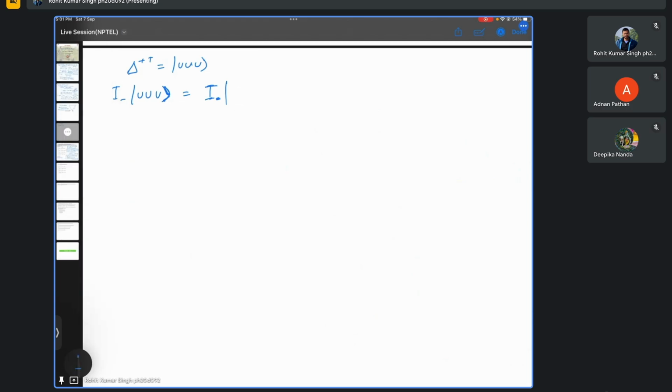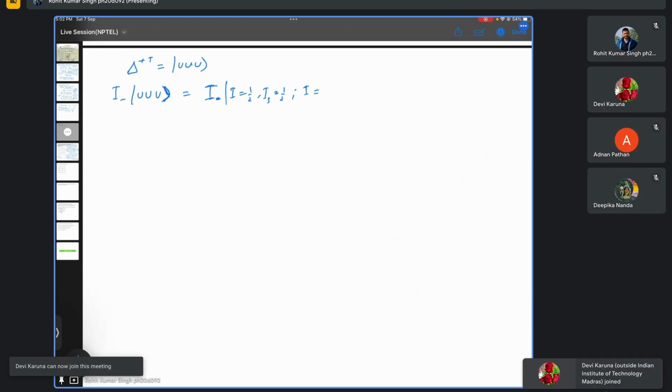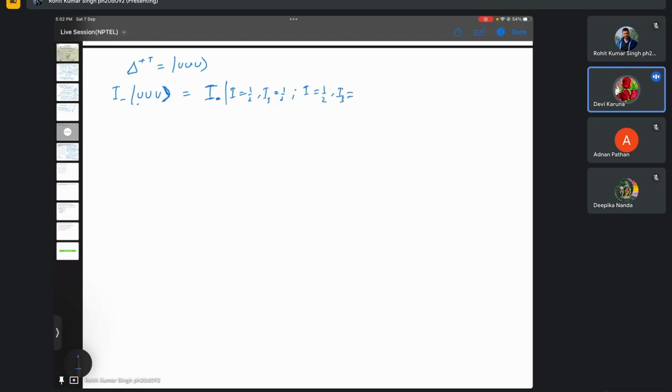Okay. So these three all have I equal to half and I3 equal to half. This is for the first u, this is for the second u. So I am going to write just 3 times.